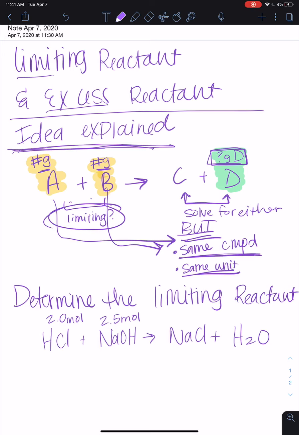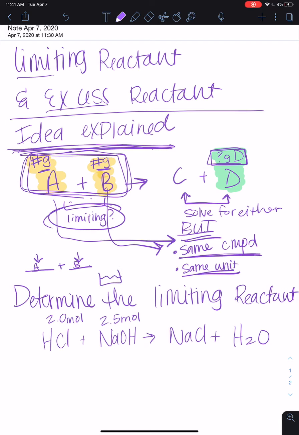So the idea of this is that you have 2 givens, and you want to know which one of these runs out first. So in a lab setting, we put a certain amount of A in, and we put a certain amount of B in. We combine them by basically putting them in the same beaker or the same glassware, and then we get some type of product out.